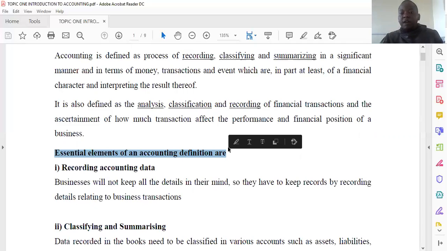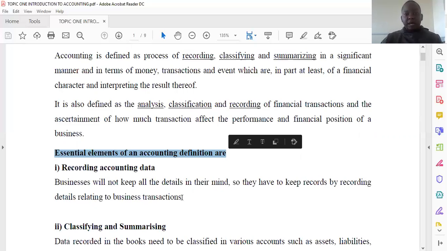We can define a process as a series of activities all geared towards achieving a given objective. The same case with accounting: it's a series of activities geared towards the determination of the impact of business transactions on the performance and financial position of a business.